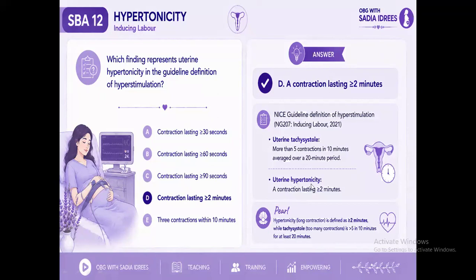Too long a contraction, hypertonicity. Either of these with fetal heart rate changes fits hyperstimulation. So if the examiner gives you 6 contractions in 10 minutes repeatedly, think tachysystole. And if they give you 1 contraction lasting 130 seconds, think hypertonicity. And if either is accompanied by fetal heart rate changes after an induction agent, now you're worried about hyperstimulation.